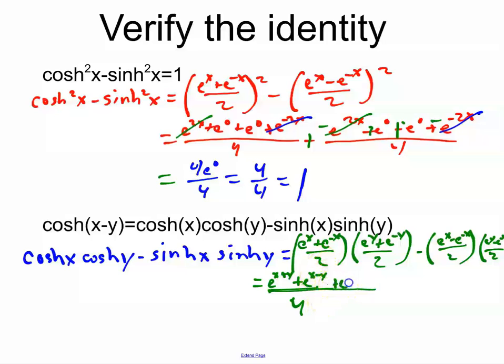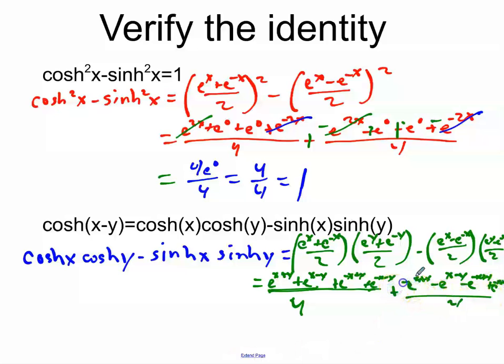And then plus e to the negative x plus y, and then e to the negative x minus y, and then e to the x plus y minus e to the x minus y minus e to the negative x plus y plus e to the negative x minus y, all over 4.